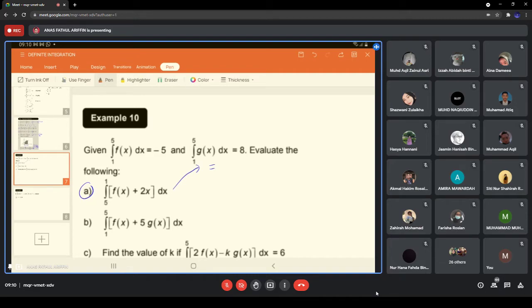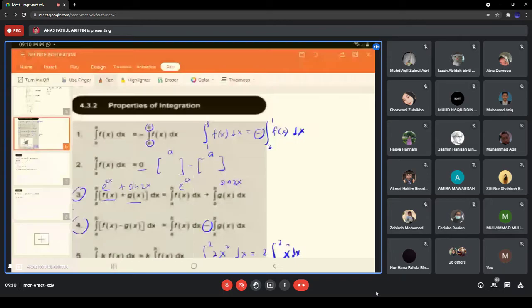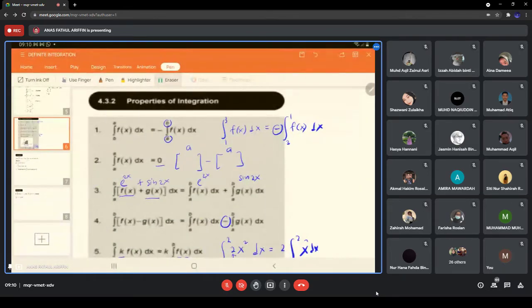Okay, kita splitkan. Kita guna mana? Property number 3 ni. Saya padam sekejap. Okay, nampak property number 3 ni.